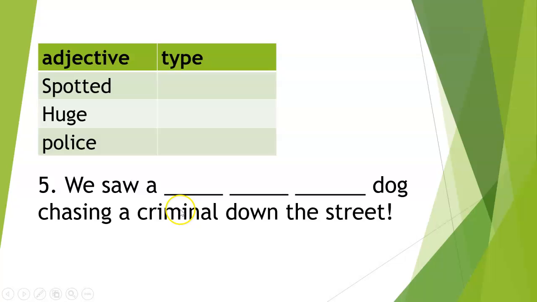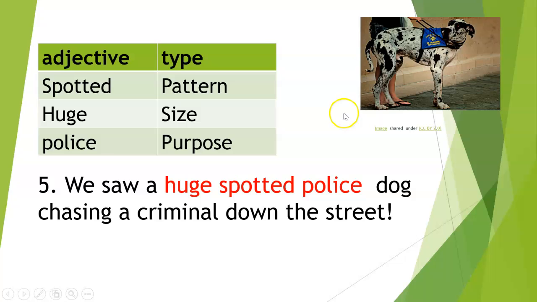Okay, so in this example, we can see that spotted is pattern, huge is size, police is purpose. Pattern, size, purpose. So when we look at this, we're going to say we saw a huge spotted police dog chasing a criminal down the street.